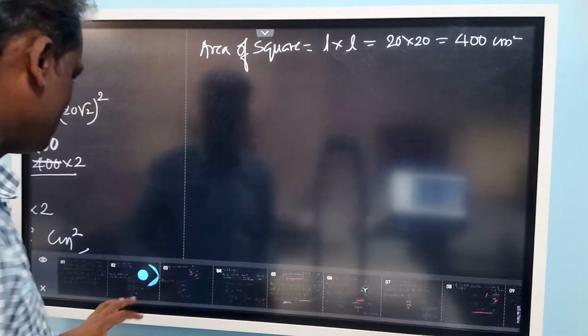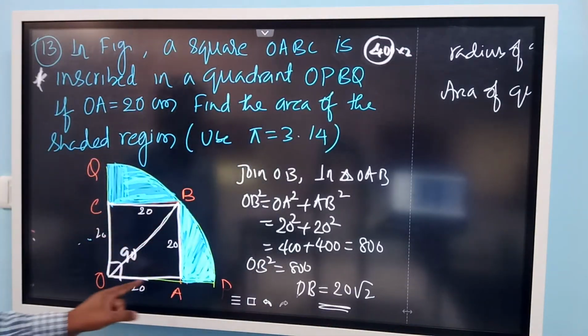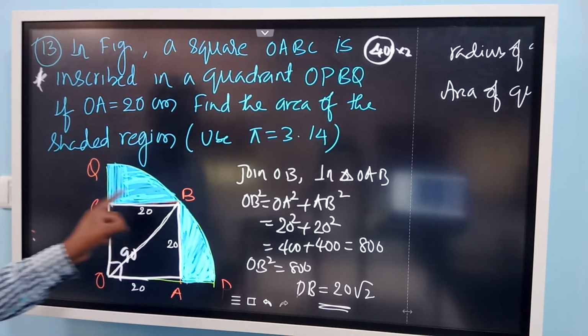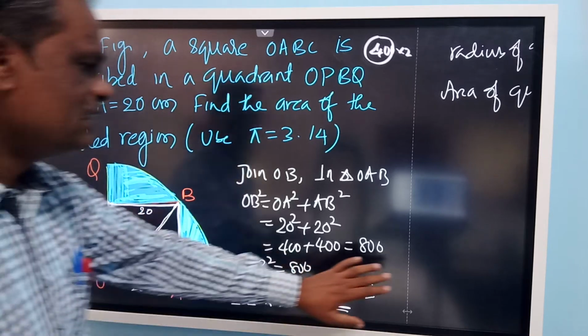You can see the diagram here. So this is 20 given, this is the square area, 20 into 20 if you multiply, then you will get the area of this square. You got the quadrant and the square. Find the shaded region now.